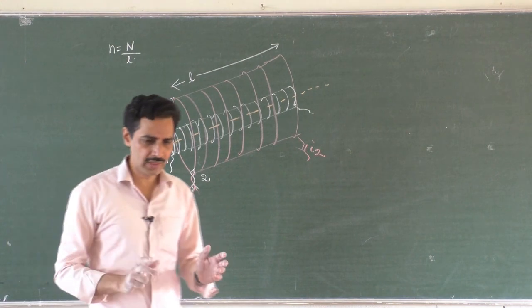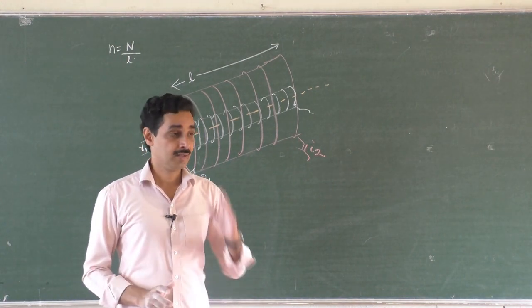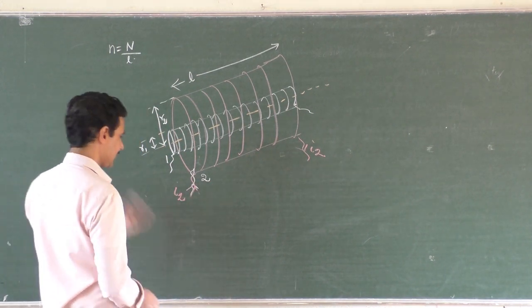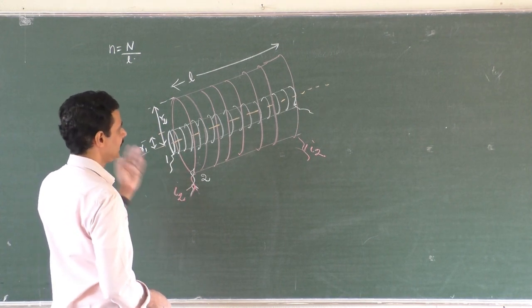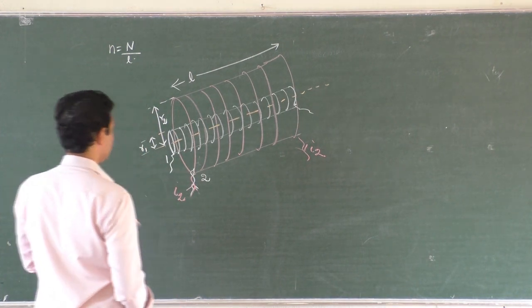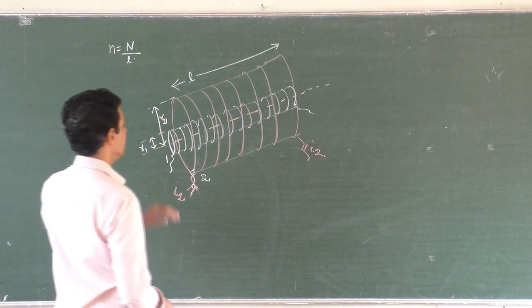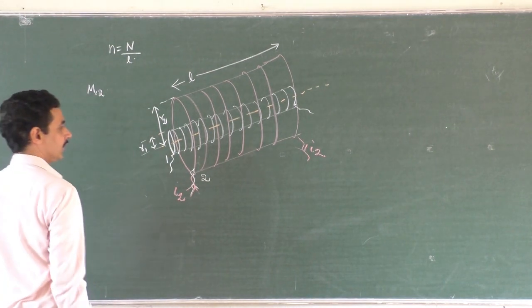So you should be very comfortable while deriving this equation for mutual inductance. We will pass current through the secondary coil, find the flux linked to the primary coil, and then find the mutual inductance of coil 1 with respect to coil 2.